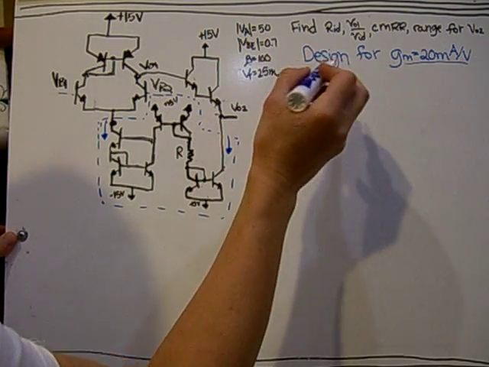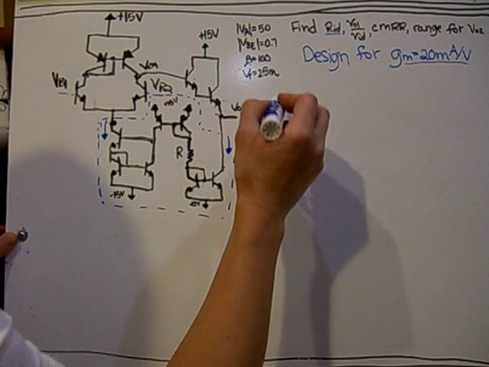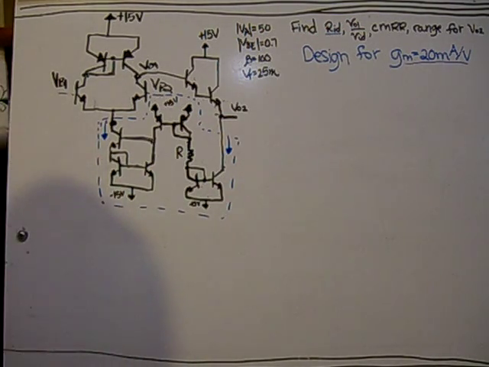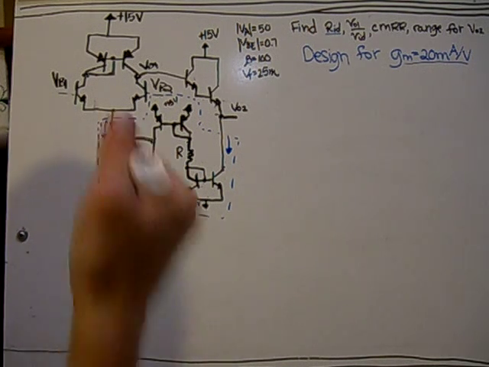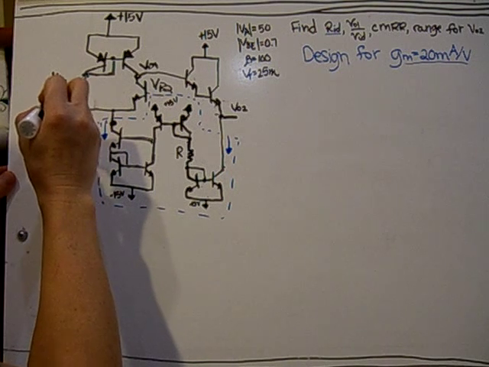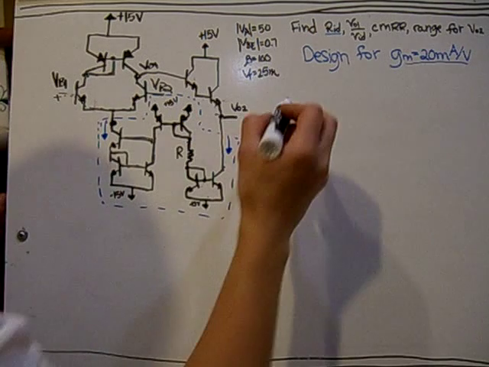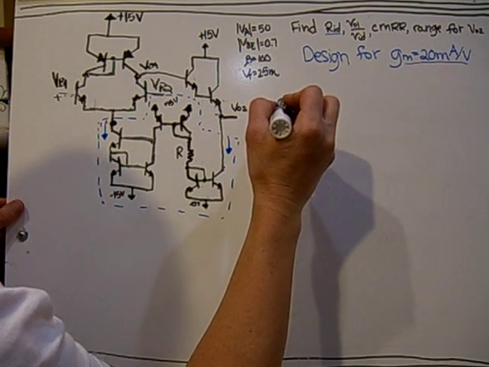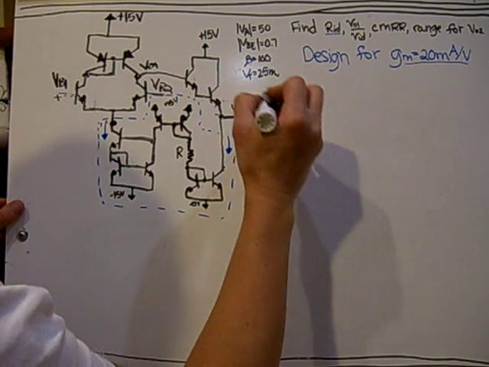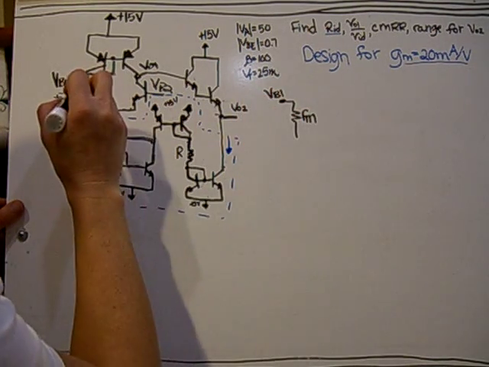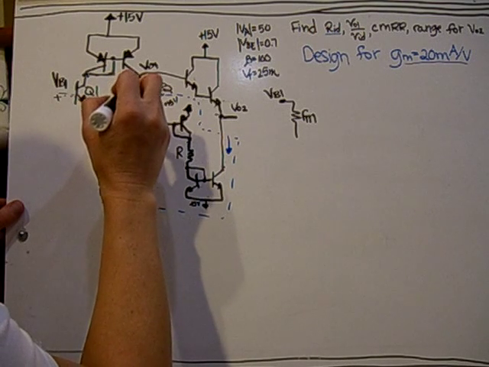And so starting with RID, it is going to be the pathway from one side of VB1 to VB2. So this would be the positive, and then the pathway would go through till you get to the other side of VB2. So drawing this portion of the hybrid pi, I'm going to call this Q1, Q2.